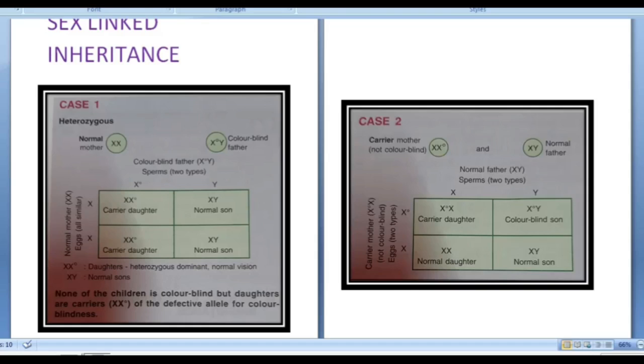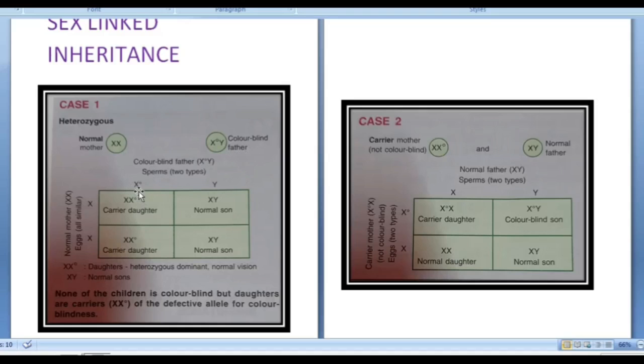First case is, there is a normal mother having the chromosome XX and a colorblind father having genes X0 Y. Now XX is the genotype of normal mother and X0 Y is the genotype of colorblind father.